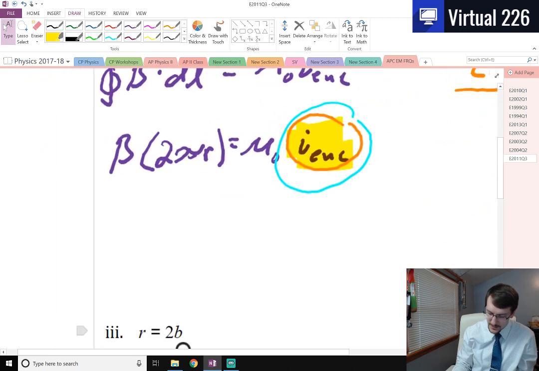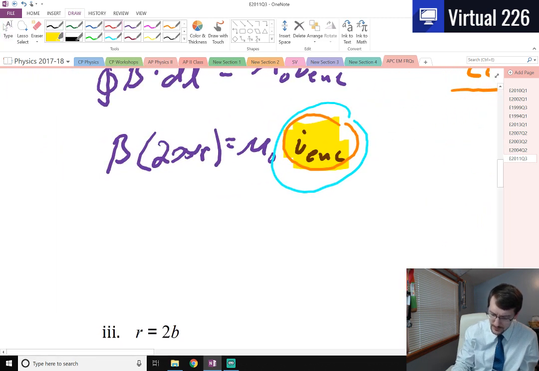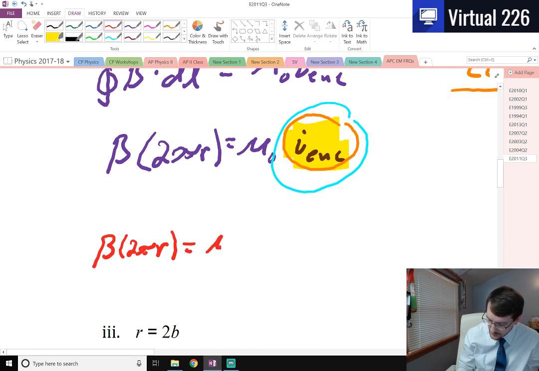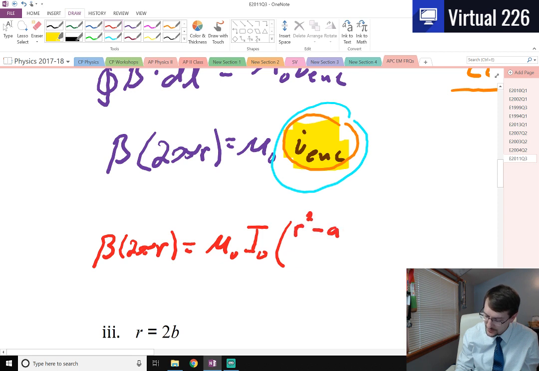So when we do this, using the color red here, we get B times 2 pi r equals mu naught, and then our current equation, which was I naught times r squared minus a squared over b squared minus a squared.